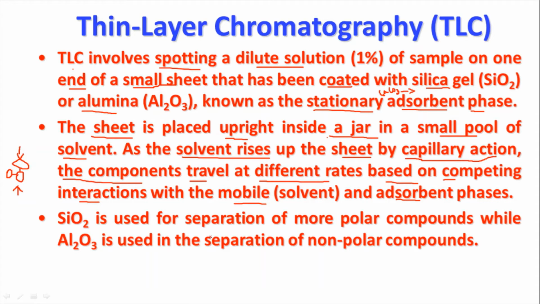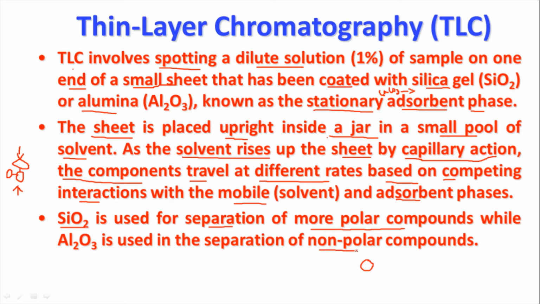Okay. Silicon dioxide is used for separation of more polar compounds. More polar compounds means our sample contains highly polar compounds, which can easily dissolve. So at that time we can choose silicon dioxide or silica gel.